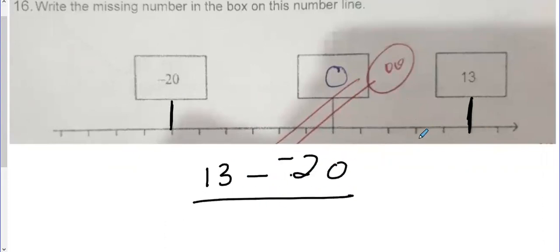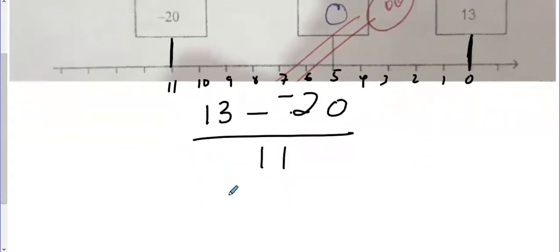And the answer you get, divide by the number of divisions between 13 and -20. So count here, this is 0. The start point is counted as 0. 1, 2, 3, 4, 5, 6, 7, 8, 9, 10, 11. Meaning that from 13 to -20, there are 11 divisions.